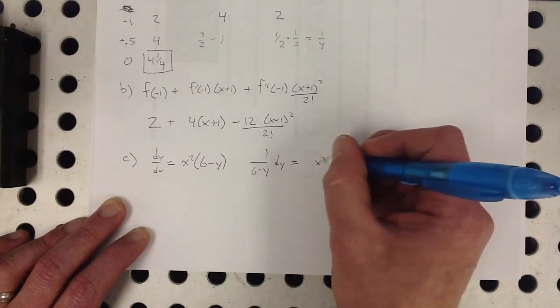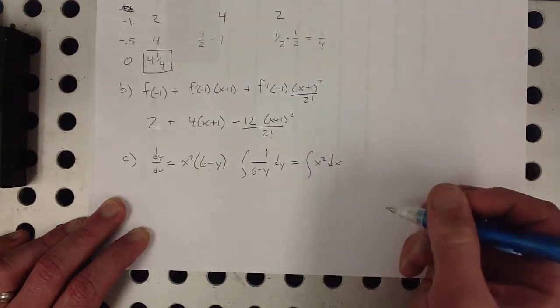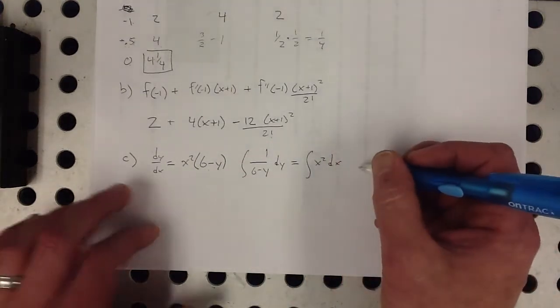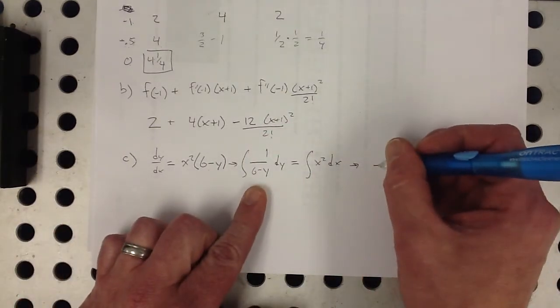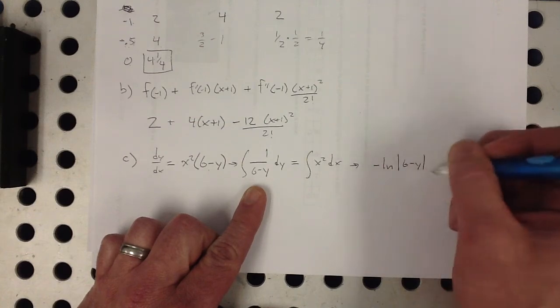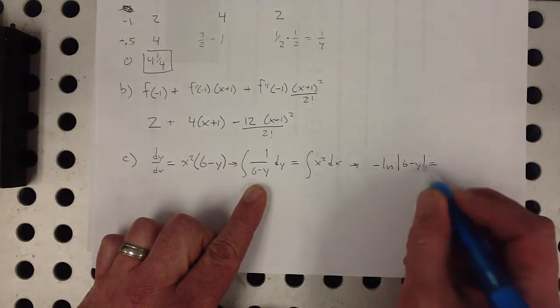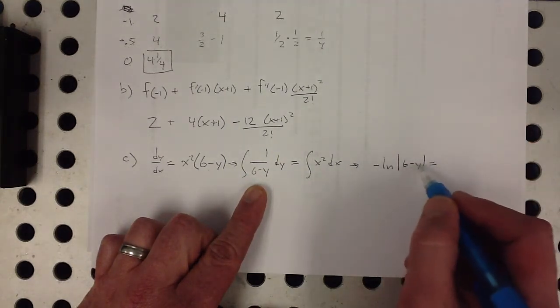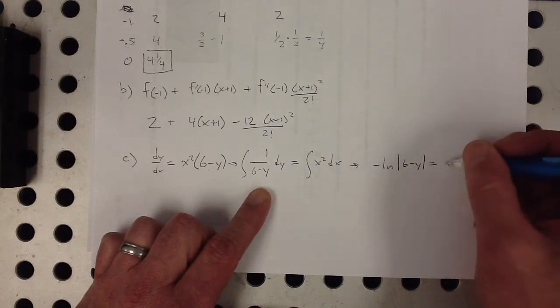equals x squared dx. I take the antiderivative of both sides, and that gives me negative natural log absolute value of 6 minus y equal to, the negative came from the little u substitution. It was just negative 1 in there, so that was easy enough to do without writing out the substitution.